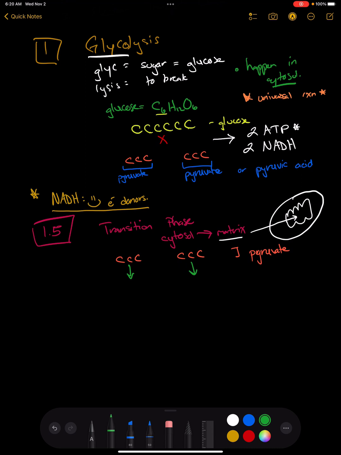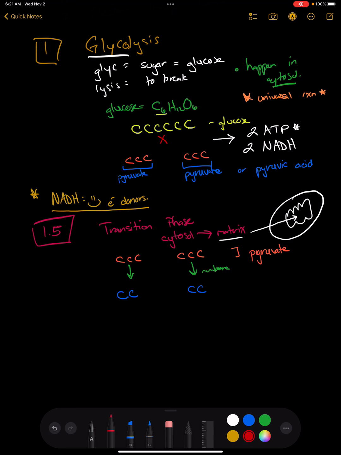So whenever I shove them into the mitochondria, that means they break apart a little bit and I lose a carbon. So when they go through the membrane, they lose a carbon.